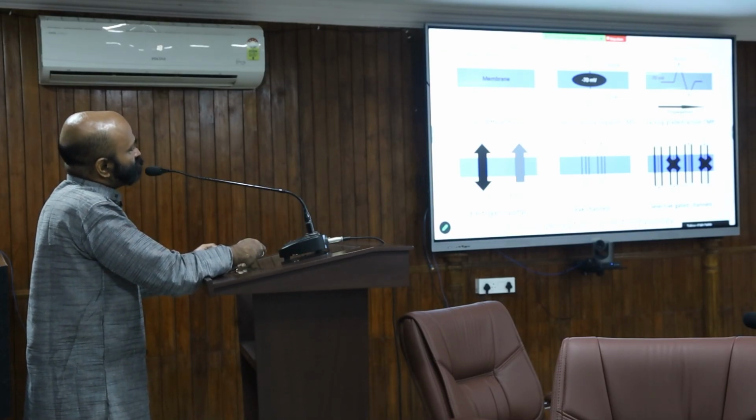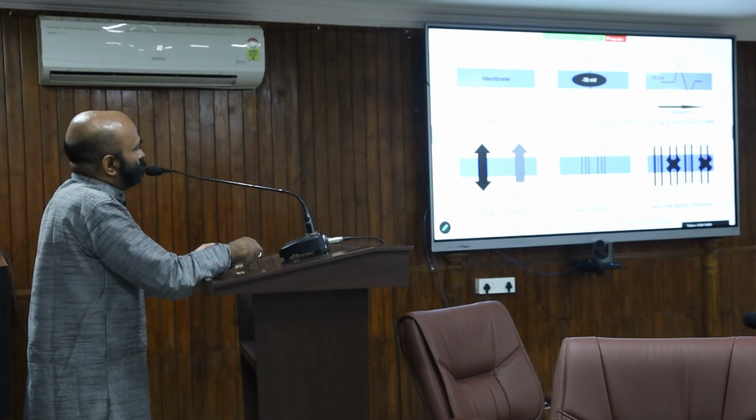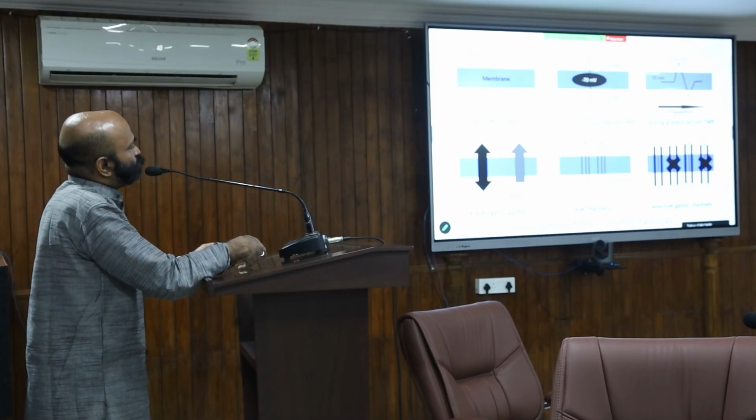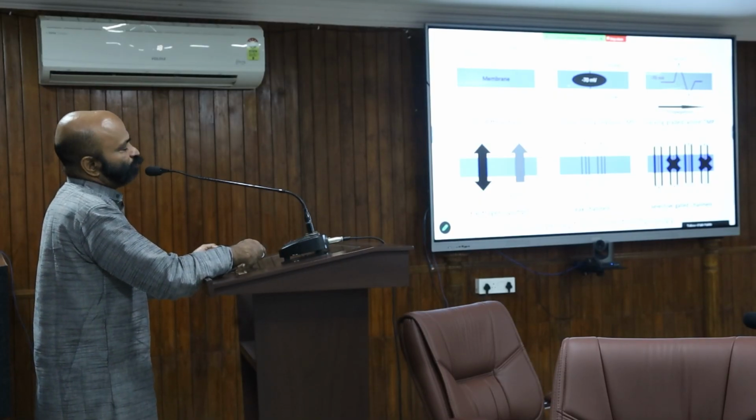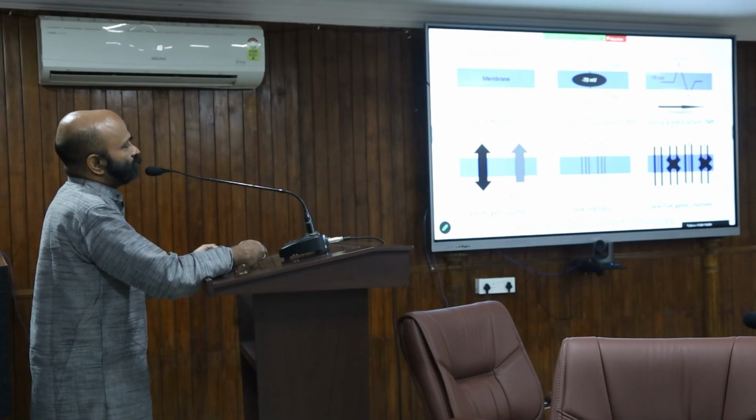And now when you have something like this, there are leak channels that push back the potassium out, and that results in a negative potential of minus 70 millivolt, which is the resting membrane potential.